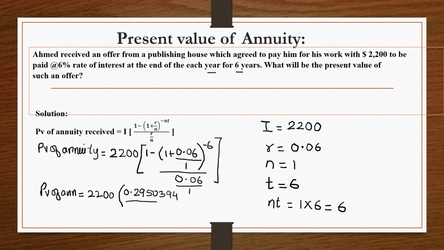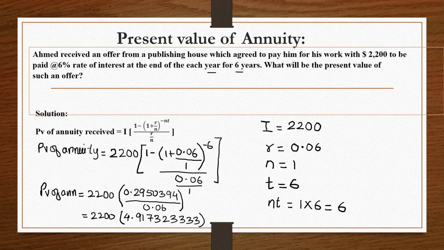Divided by 0.06, bracket close, you will get 4.91732333.